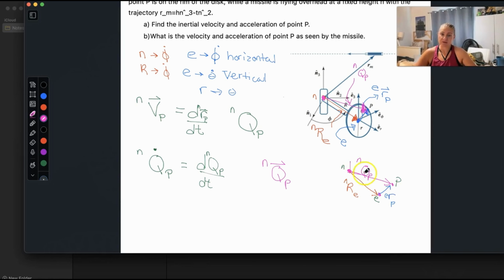It states that the long vector is going to be this vector plus this vector. So if we move it down here, this is going to equal R E N plus R P E.